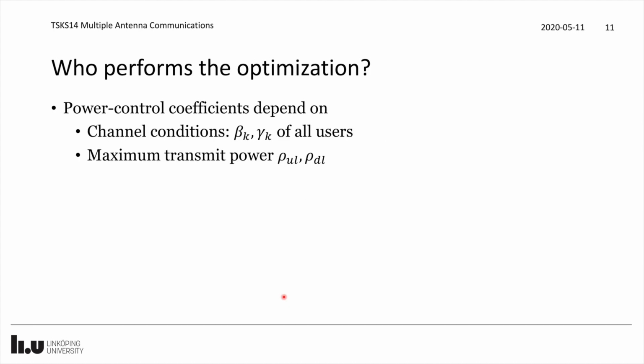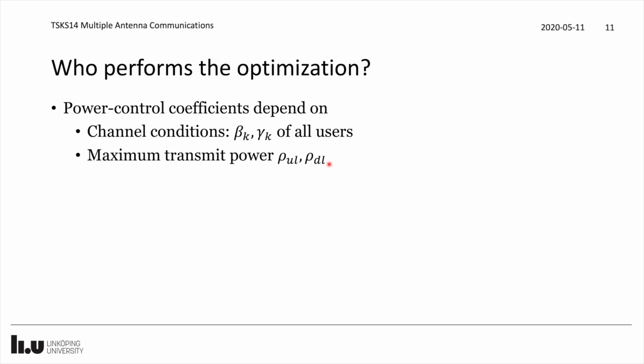A relevant question now is who is going to perform all of this optimization that I've been describing? Well, in order to compute the power control coefficients, we need to know the channel conditions, so the beta k or gamma k for all of the users. We need to know the maximum transmit power, rho uplink, rho downlink. And who could have access to this information?